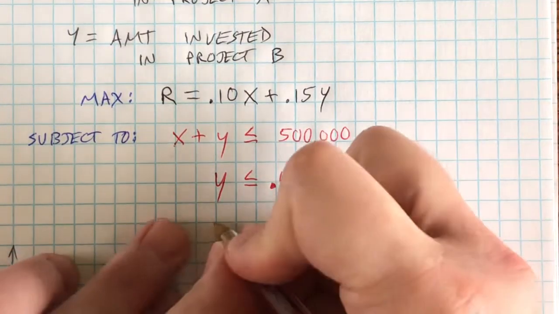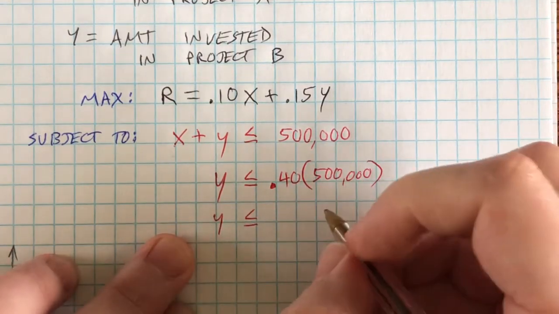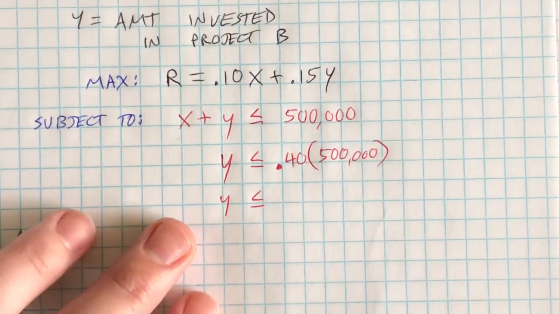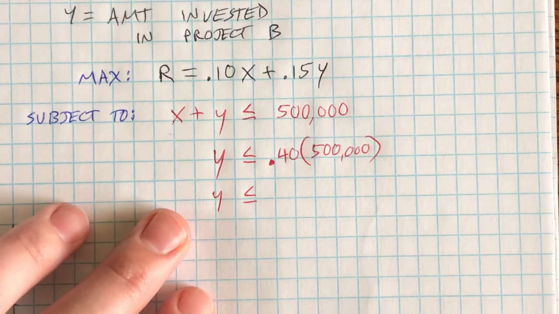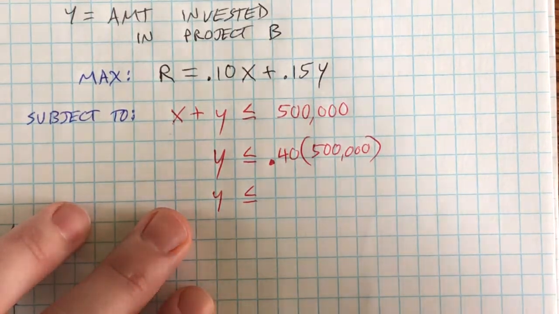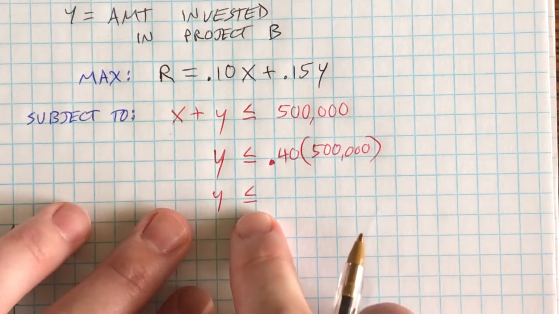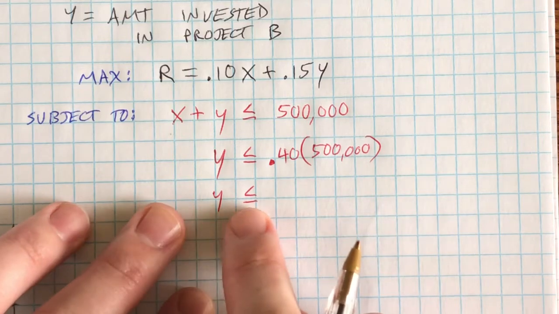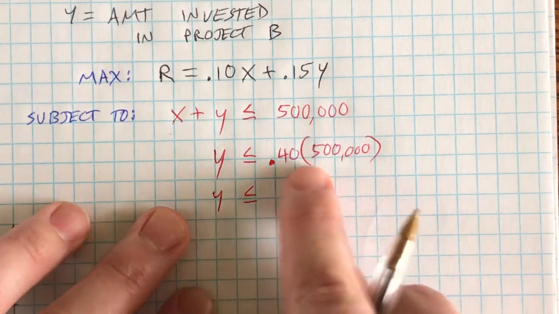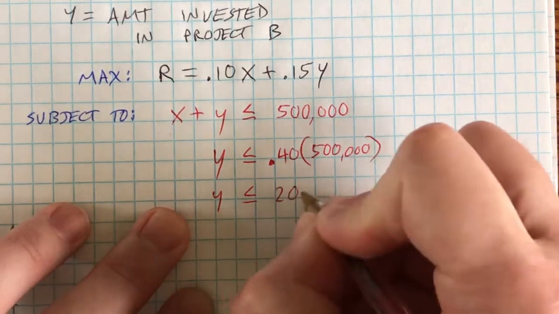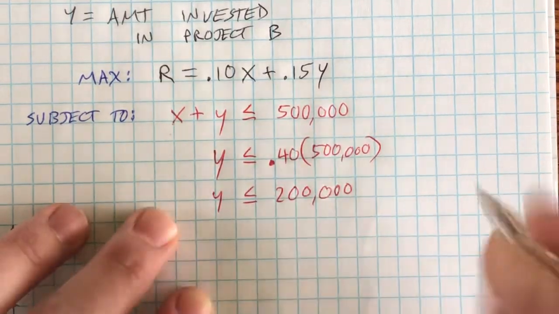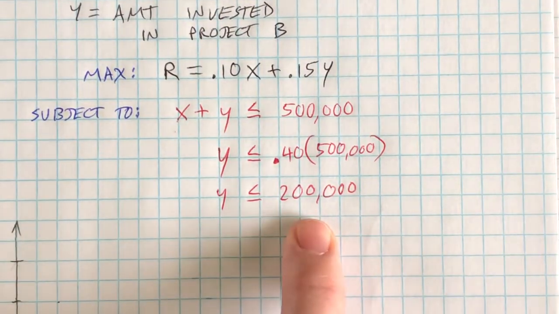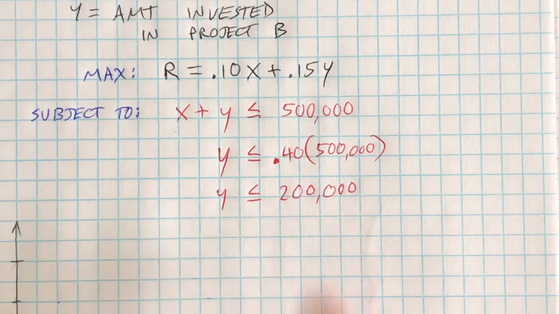Okay, so what does this really mean? It means Y cannot be greater than what? Well, let me say it correctly here. Y has to be less than or equal to this product, which is 200,000. All right. This is nice because this is just a horizontal line.